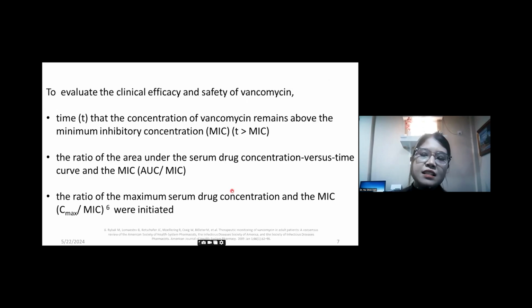The clinical efficacy and safety of vancomycin has been evaluated by pharmacokinetic and pharmacodynamic indexes, such as time that the concentration of vancomycin remains above the minimum inhibitory concentration, the ratio of the area under the serum drug concentration versus time curve and MIC, and the ratio of the maximum serum drug concentration and MIC.